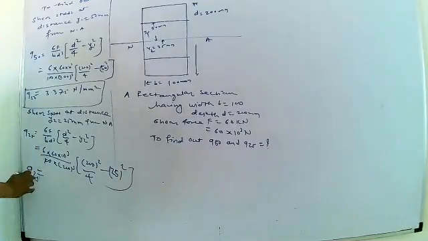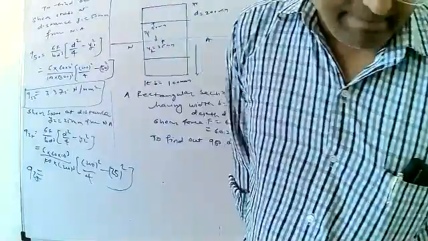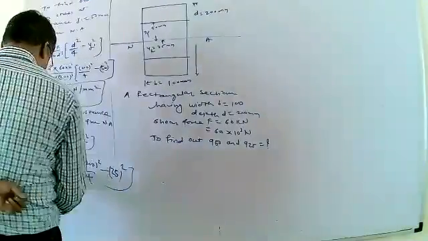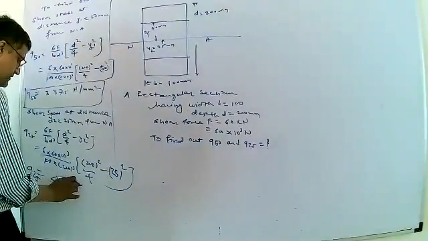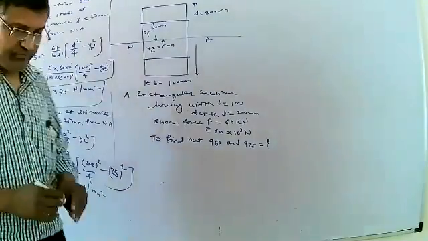You just calculate the value, then the final value we get is 4.218 Newton per mm square. Okay, that is the value.